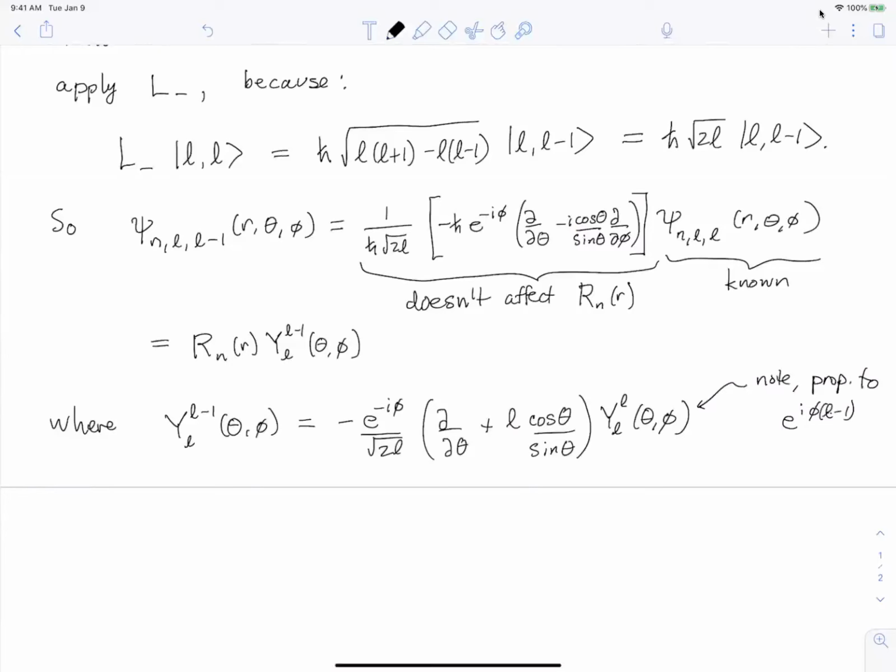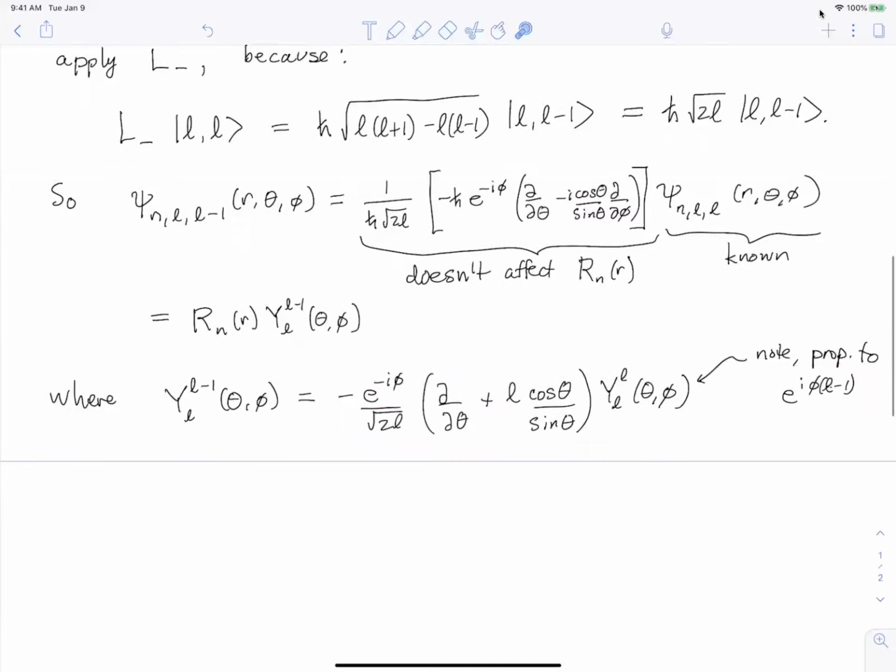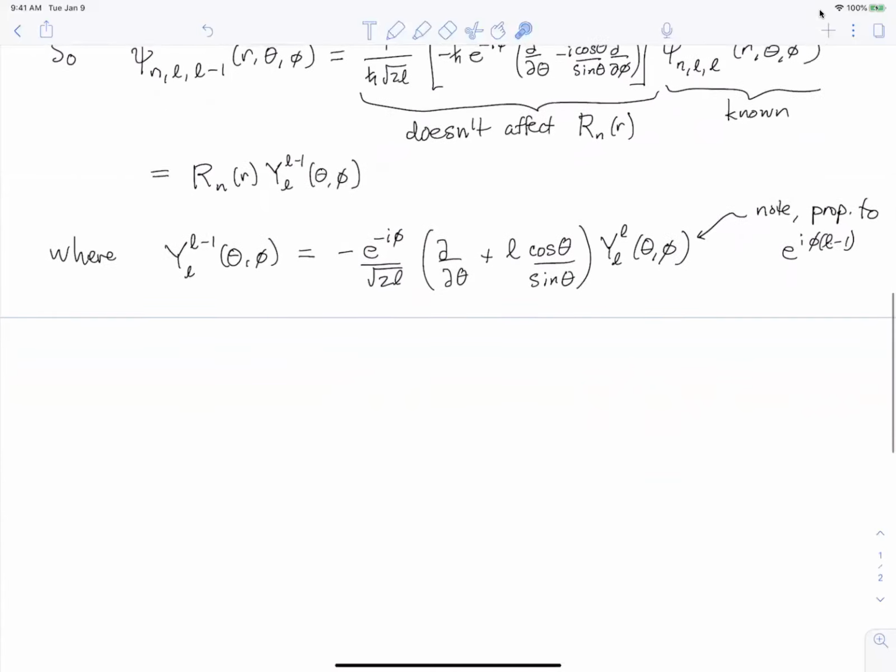And the reason is this is e to the i L phi, and this is e to the minus i phi. And that's why they combine to give this factor. Okay, and so you can compute this, but I won't, because instead I'm going to write down the general thing that you get by doing this over and over again for any m.